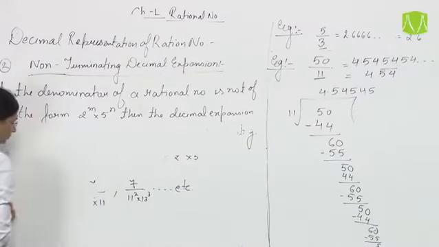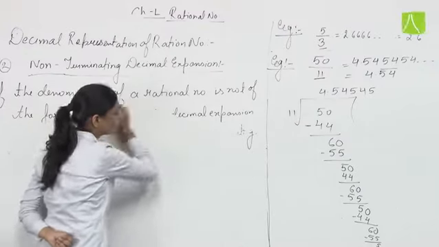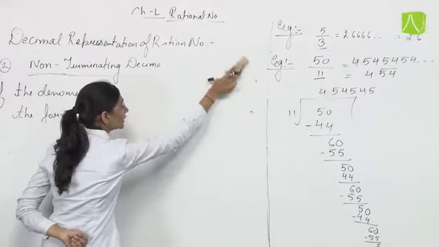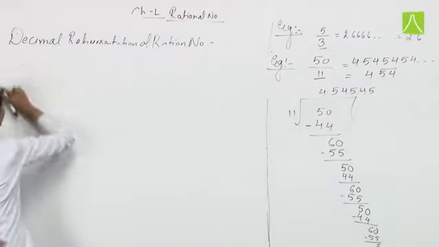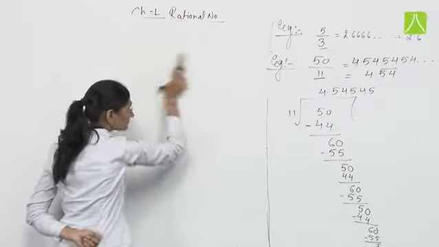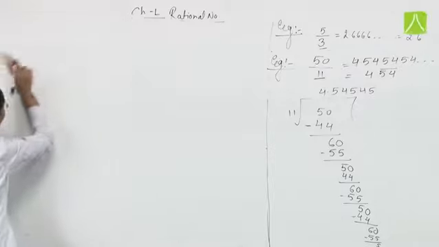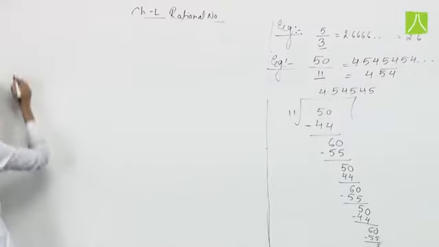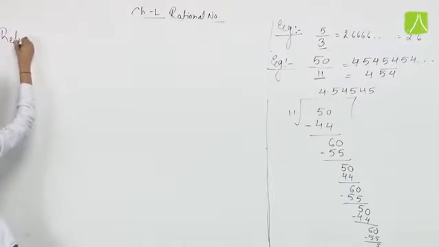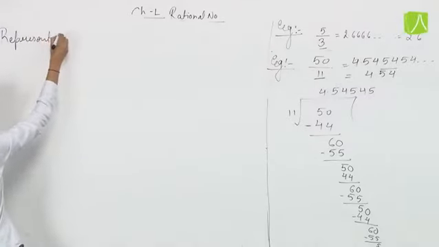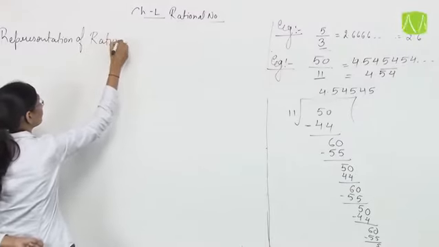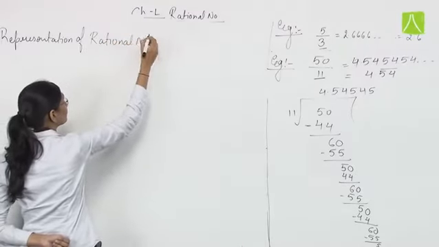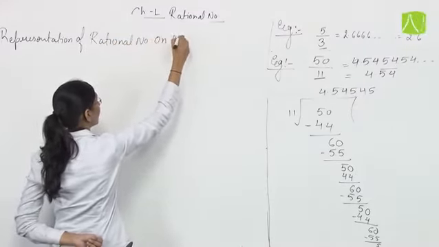Let's move on to the next topic, that is representation of a rational number on the real number line.